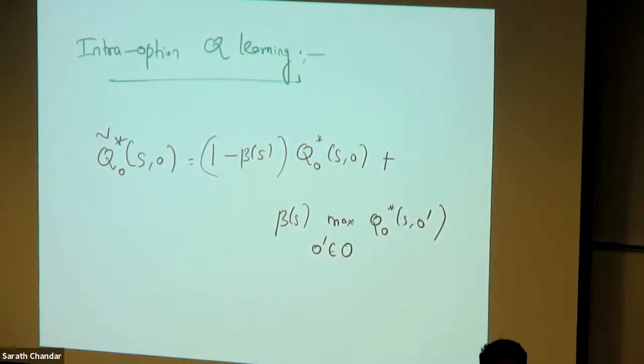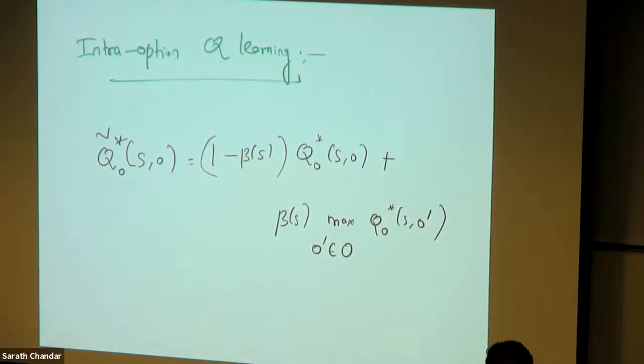If beta of S is 1, then the option stops, which means you are going to take another option from there. So I can have this modified Q function, which will be used within the option. Within the option, there is an uncertainty of whether I'm going to stop or not. So this is like learning: what if I stopped here and took another option?